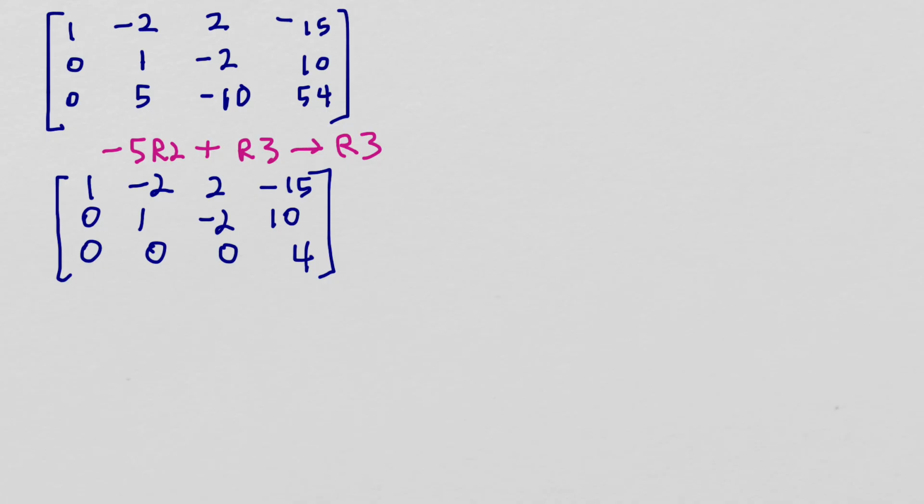So there's something different happening here, because you can see right here you've got a 0 in the Z position, and that's saying 0 times Z is equal to 4, and that is not a possibility.